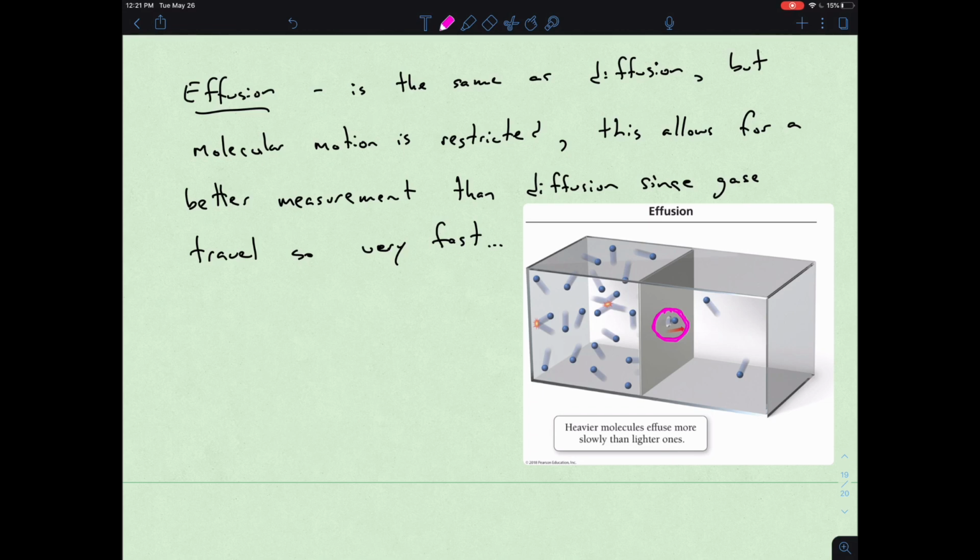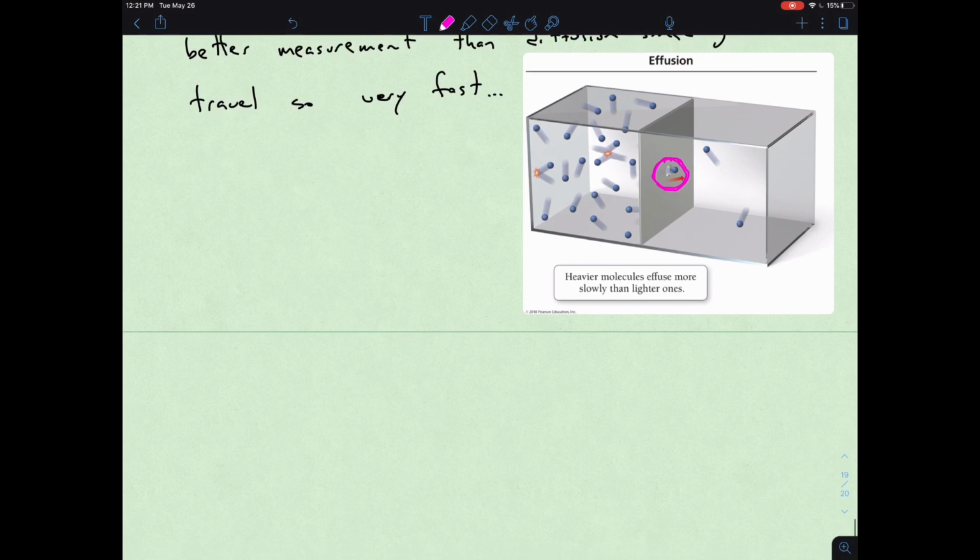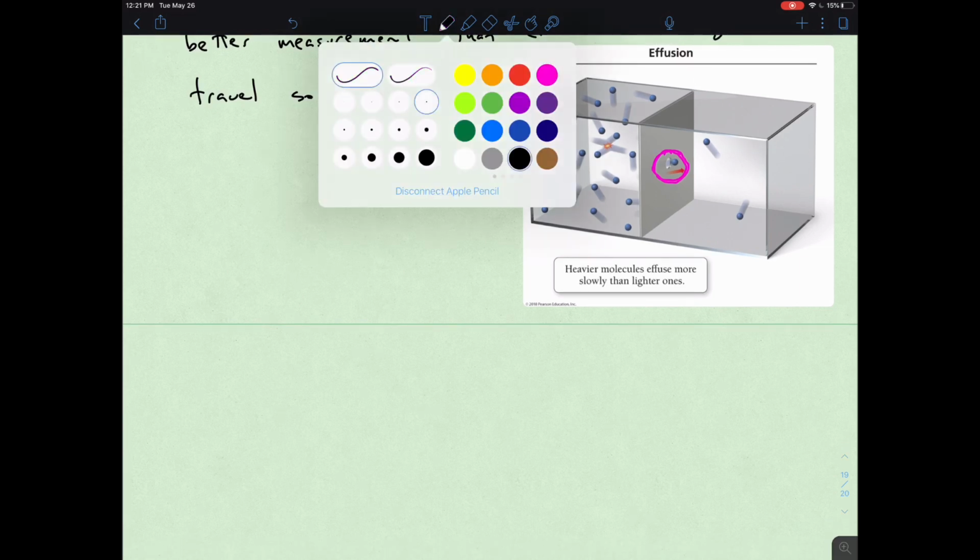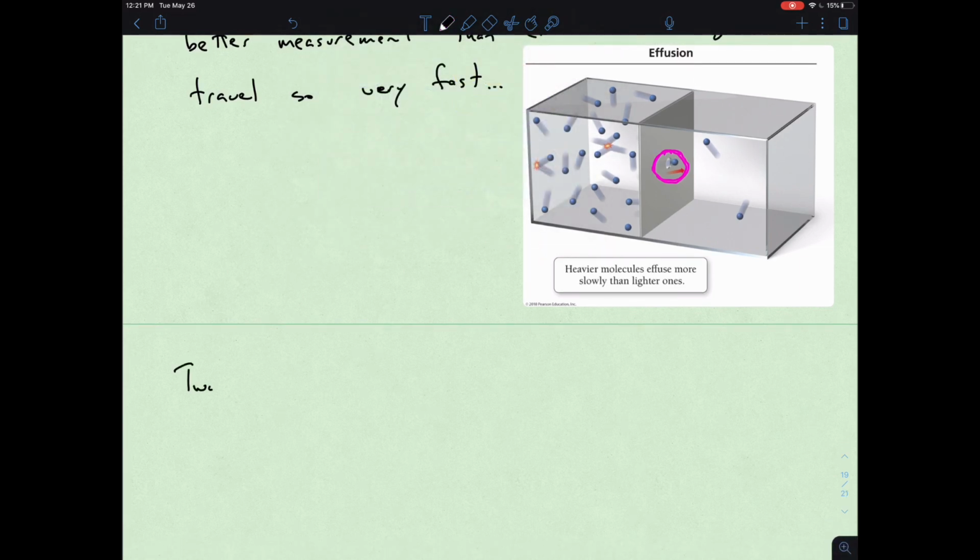And that just slowly elongates the time for total homogeneity. So this allows for us to make an easier measurement because of how fast these gases actually are traveling. And so there are two forms to Graham's law. It just depends on what you're being given.